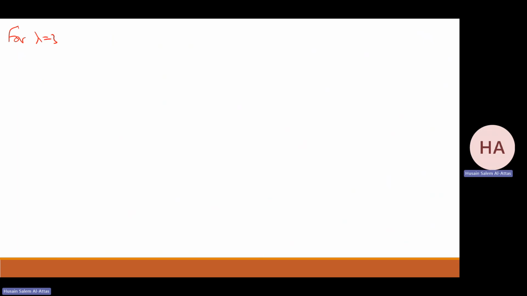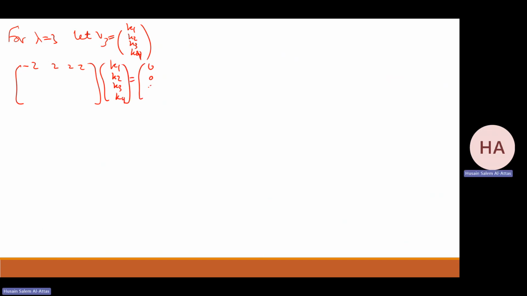What will happen? I let v3 to be k1, k2, k3, k4. Yeah, it's a matter of calculation. So I have, it's good practice, minus 2, 2, 2, 2 times k1, k2, k3, k4, equals 0, 0, 0, 0.